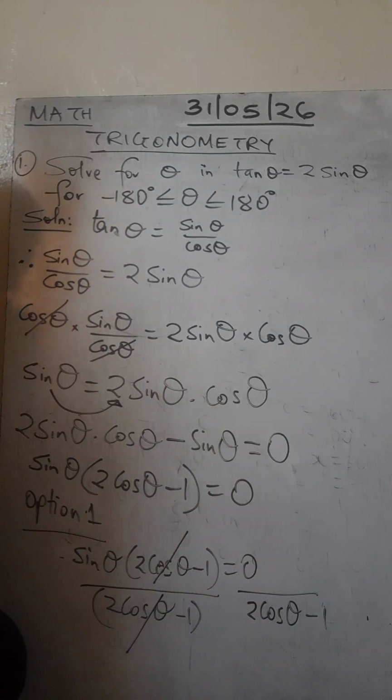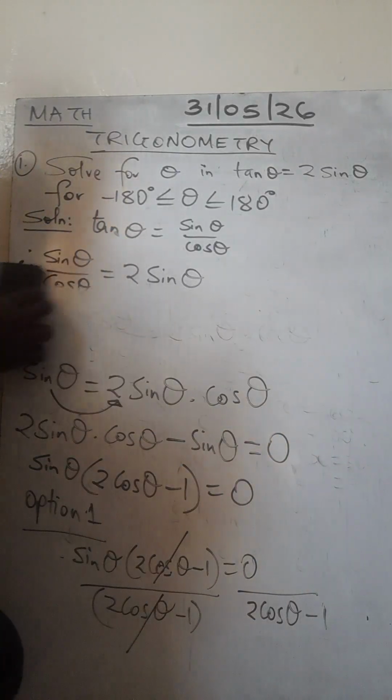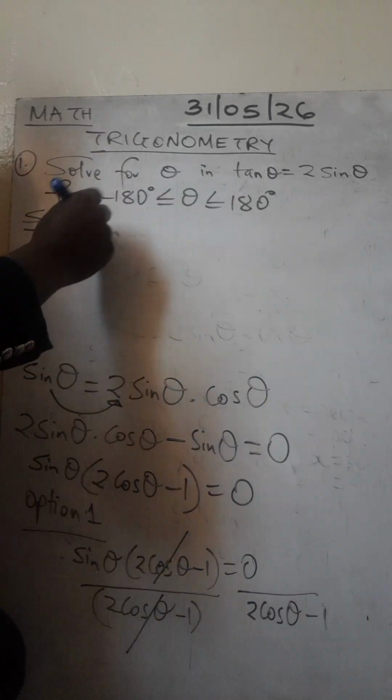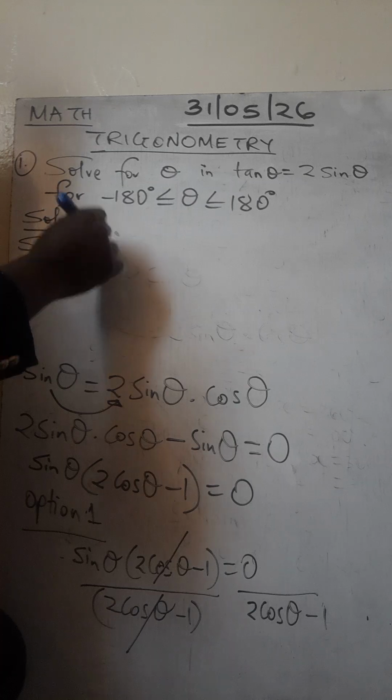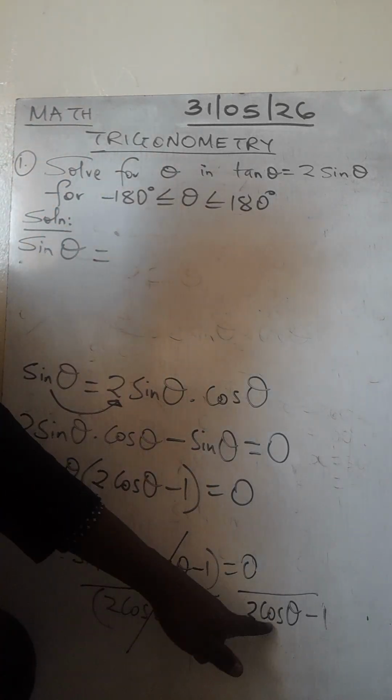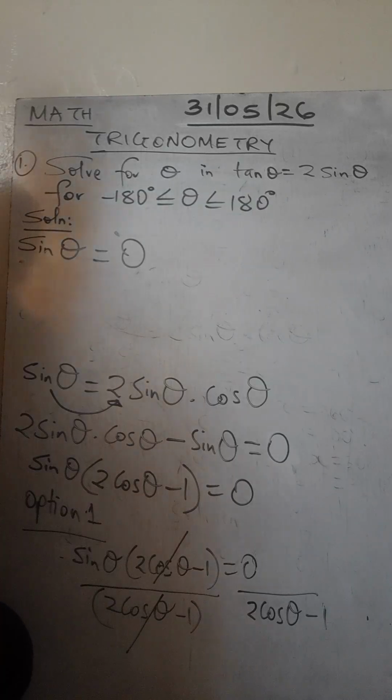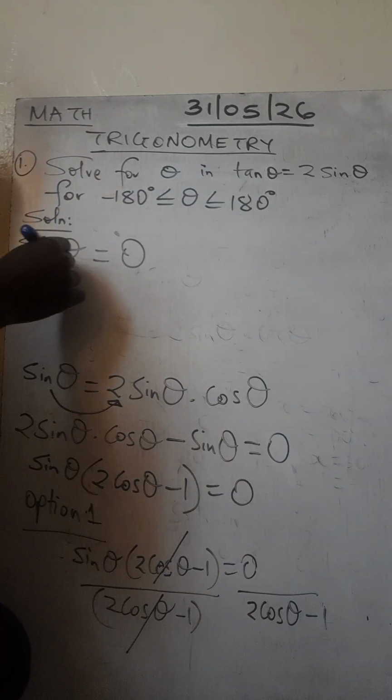So that tells you that sine of theta is this divided by this, which is 0. That's option 1.